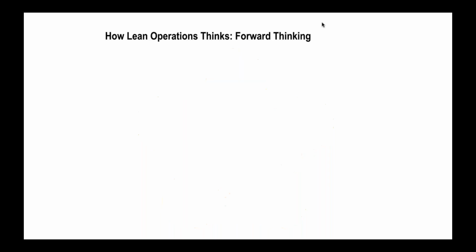The conflict comes in when you look at how lean operations thinks. They're thinking forward. Lean operations want to understand, what is our current operating performance? What is it today? What was it yesterday?